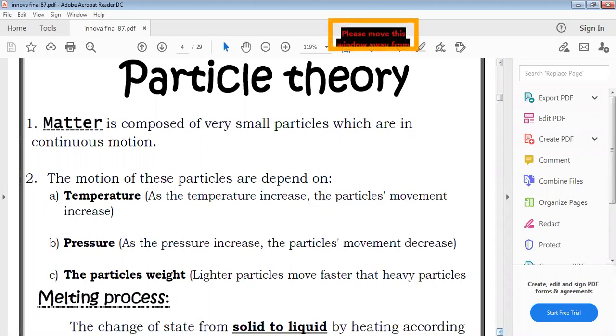According to the particle theory, the motion of the particles depends on the temperature, pressure, or the particle's weight. And today we're going to talk about the temperature. When it's high temperature, meaning there is heat, when solid particles gain heat, as I said with Jana, they move faster.